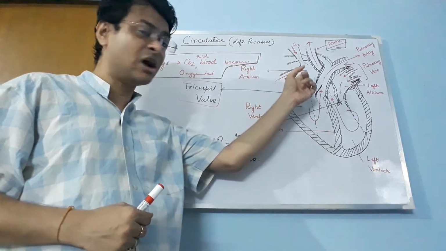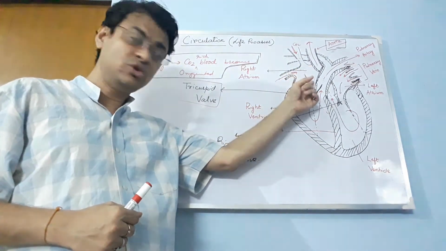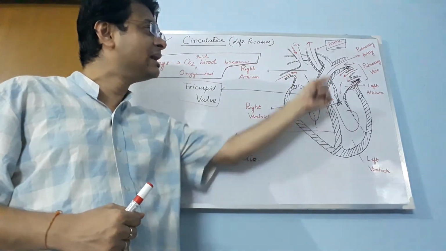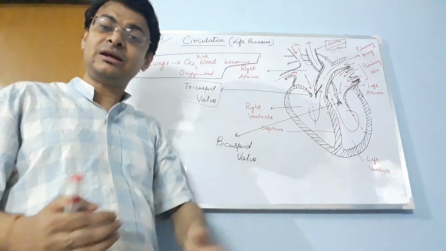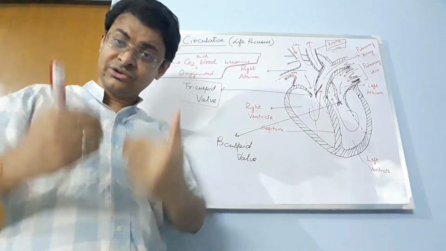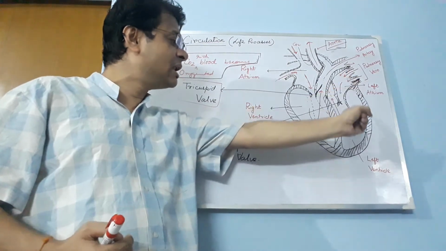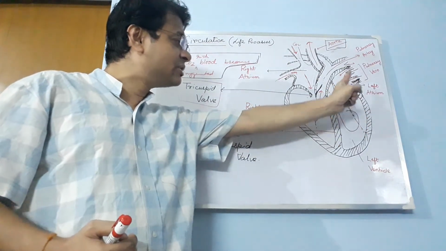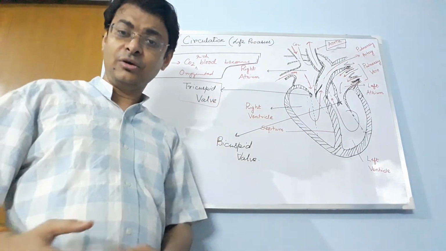First, the carbon dioxide rich blood, that is the deoxygenated or impure blood, and then again from the lungs it enters through the pulmonary vein, that is oxygen rich or pure blood, through left atrium, left ventricle, and aorta to all parts of the body.